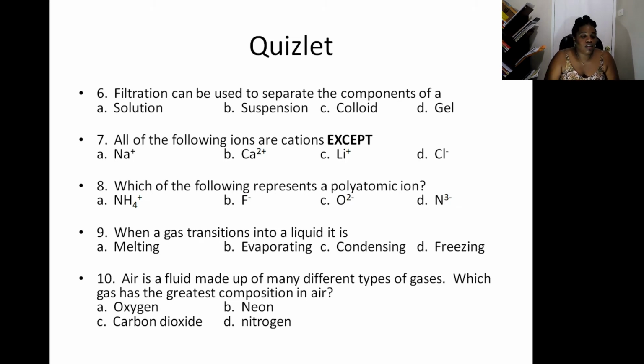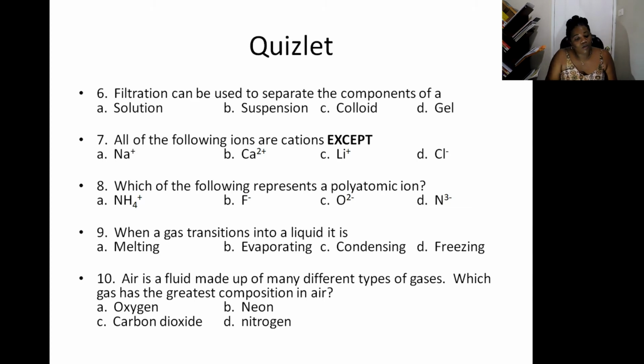So is it A, which is the ammonium cation? Is it B, which is the fluoride anion? Is it C, which is the oxide anion? Or is it D, the nitrite anion? Nitride anion. Great. Already picked it? Good.